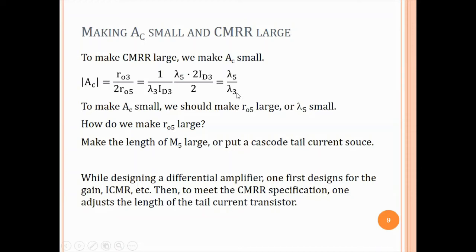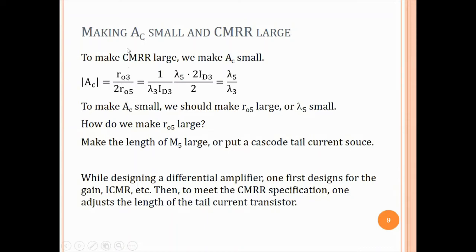So we say if we want to reduce AC, we must make RO5 large. Alright, RO3 is going to affect the differential mode gain, so we don't want to mess with RO3. Whatever it is, we'll keep it. RO5 has no effect on the differential mode gain, so we play around with RO5.